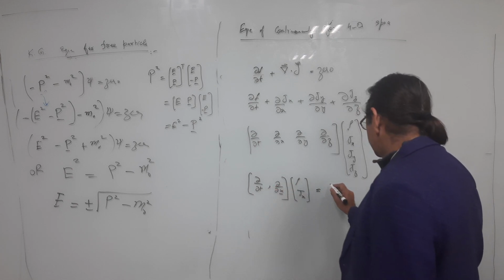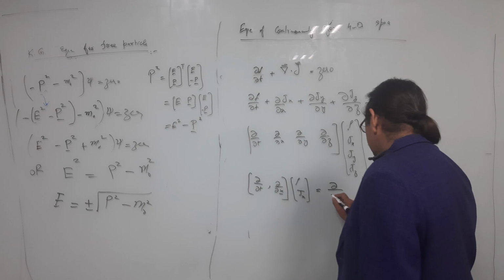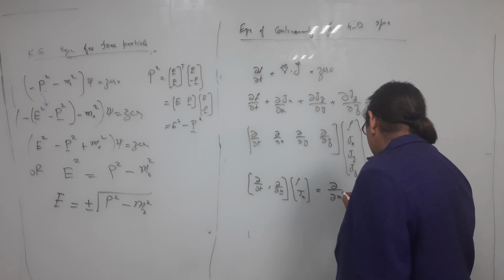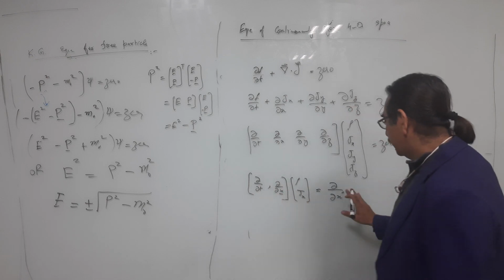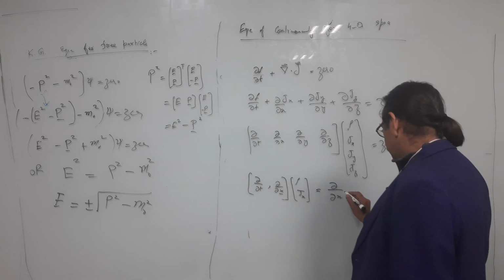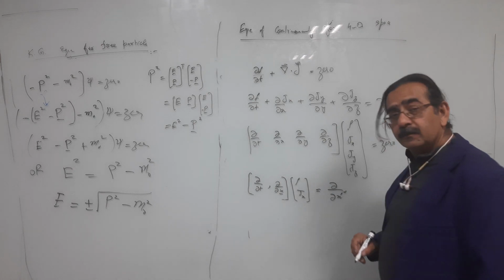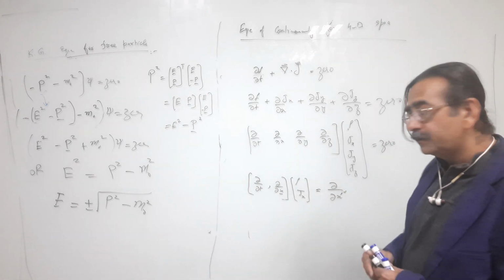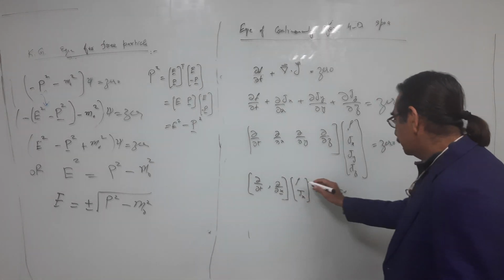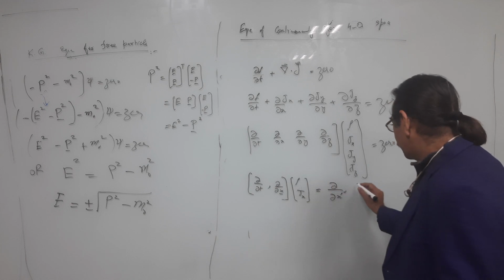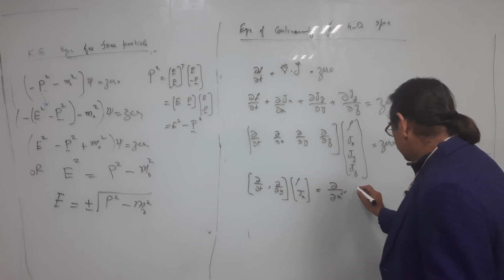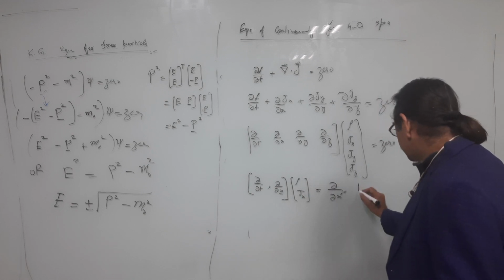Both are positive. This is X alpha. And this is the J component. Both are positive.